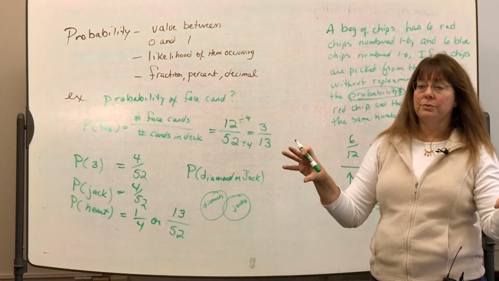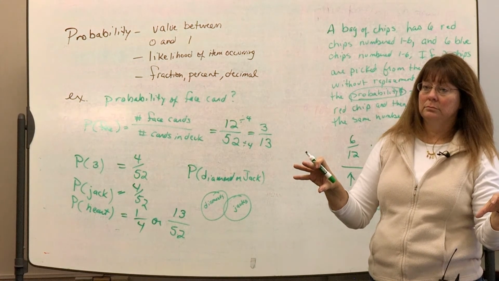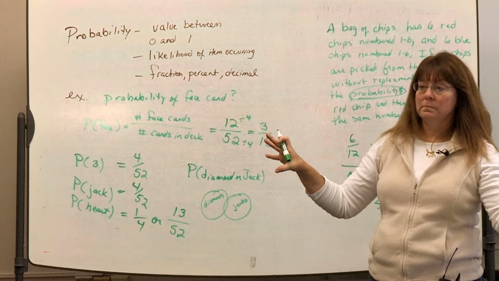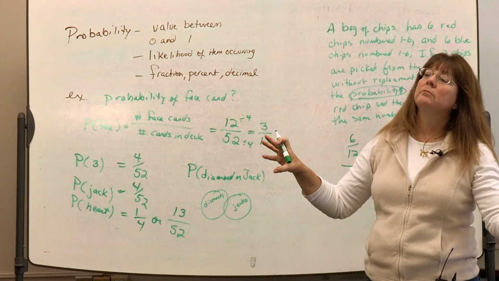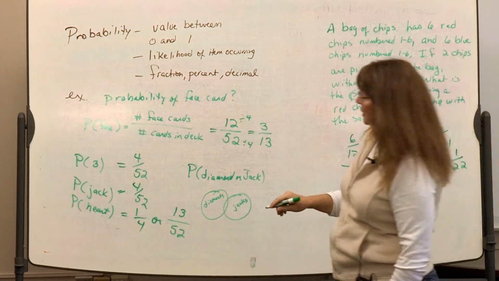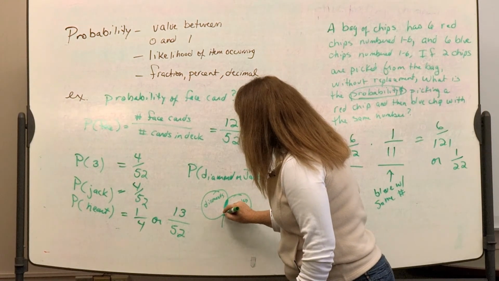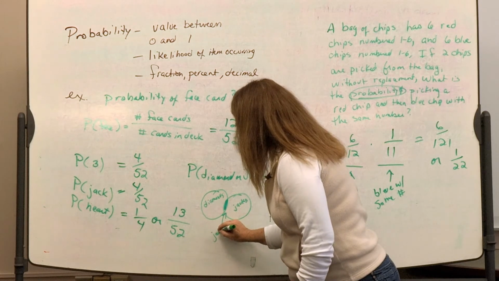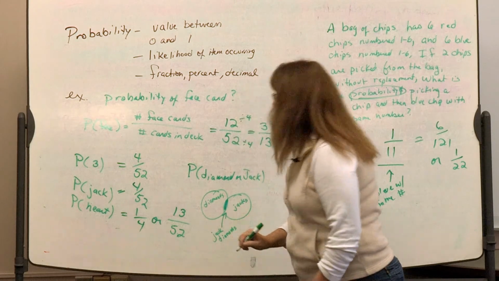Or are they separate circles? They're separate. So jacks are totally separate from diamonds? What about the jack of diamonds? He kind of fits in that category, right? So you do have somebody in here. There is one card here, the jack of diamonds, that fits in this area.